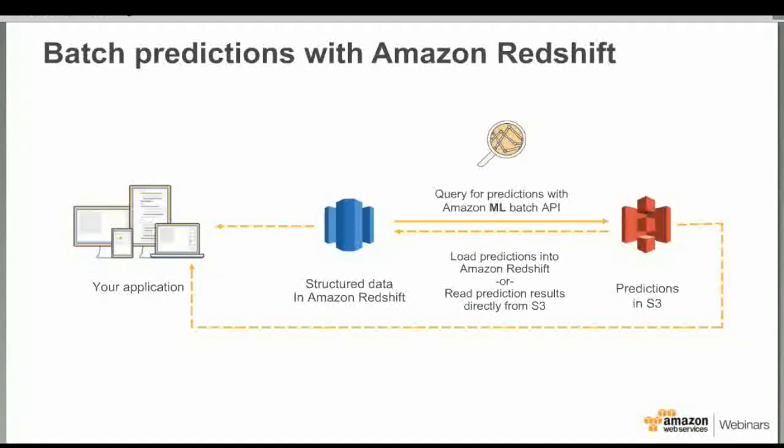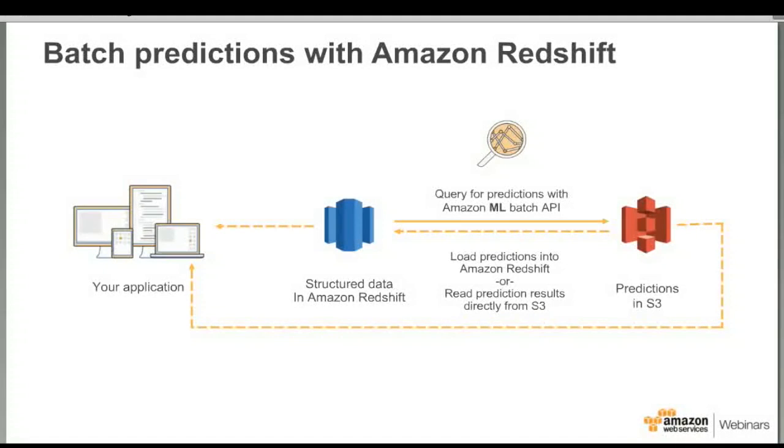A second pattern is to use Amazon Redshift, which is a very similar flow, except that Redshift nicely abstracts several discrete steps away. We start out with data that's already structured data in Amazon Redshift, and we can directly create a data source on that data and use this data source for batch predictions.